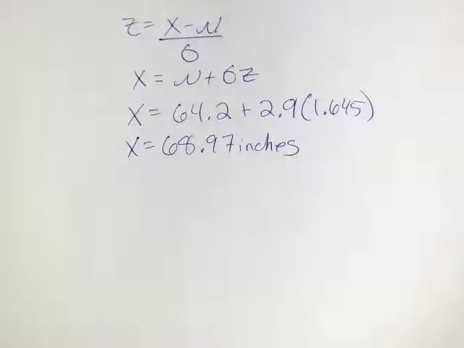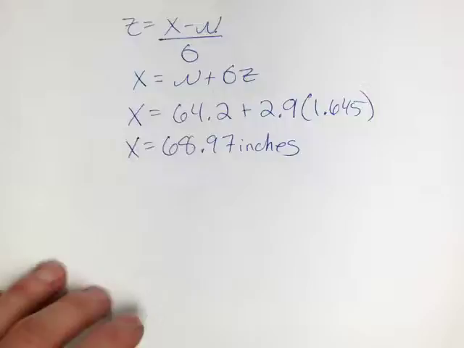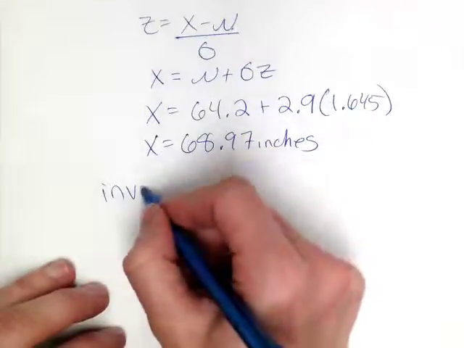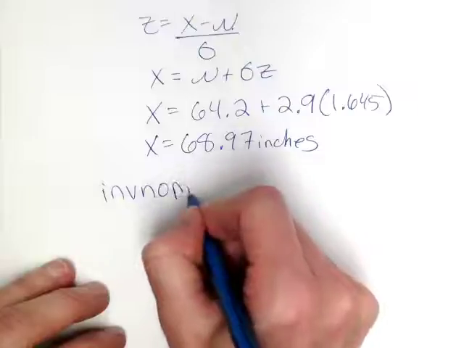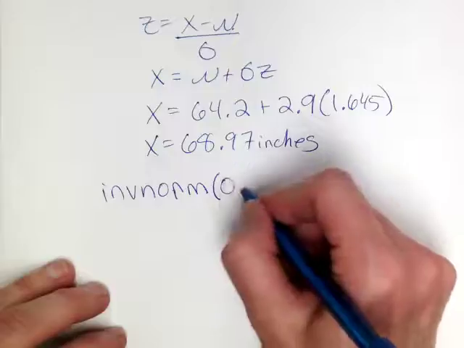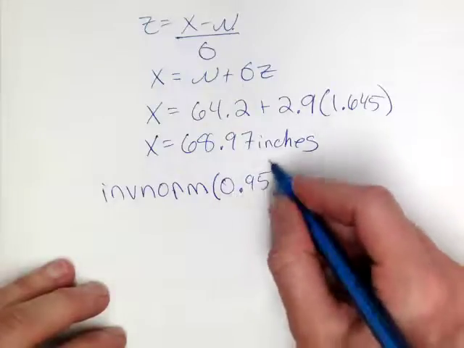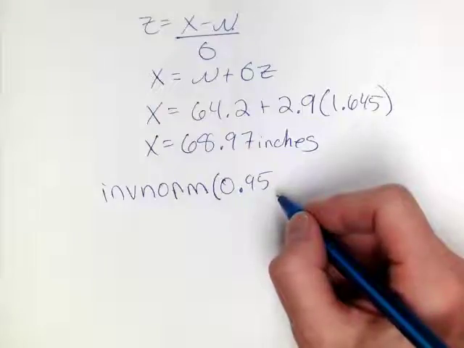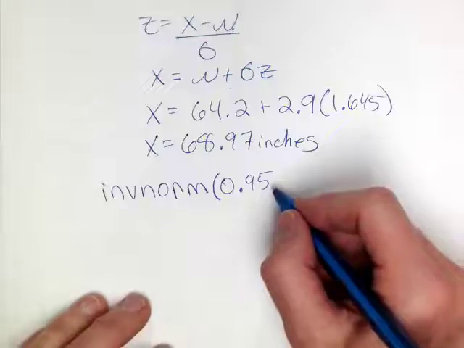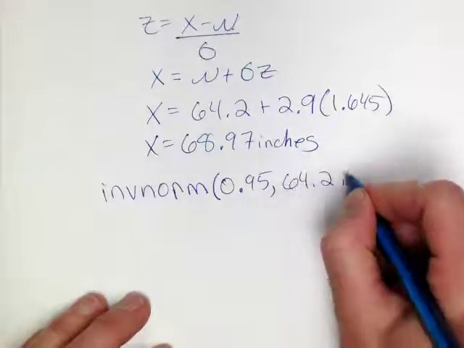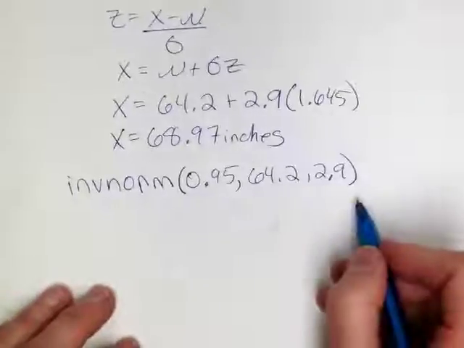Now there is a quicker way to do this in the calculator. If you have the older calculator, you want to go back to that inverse norm, and you want to put in that cumulative area as a decimal. Now instead of closing the parentheses, we can have the calculator unstandardize for us and return an x value. So to do that, in order, we need to put mu and then sigma and then close parentheses.